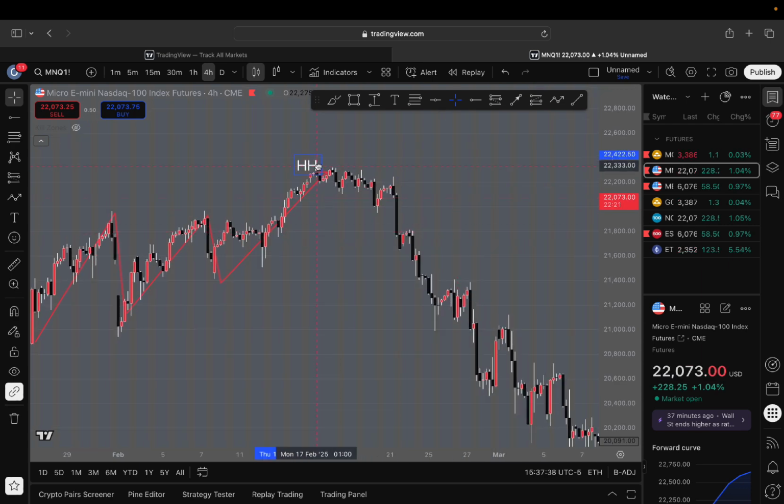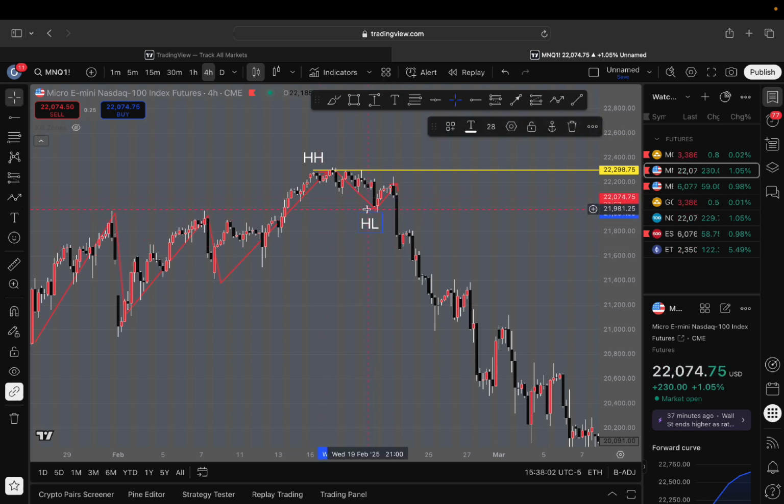Okay, so it was right here. This was your higher high. What did it do? It had this higher low. So this is your higher low, and this is your most previous higher low. Price never broke this higher high, but it created this higher low.